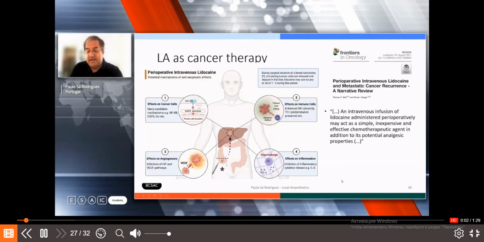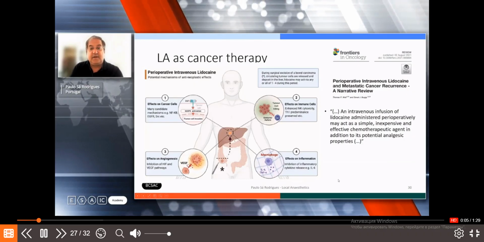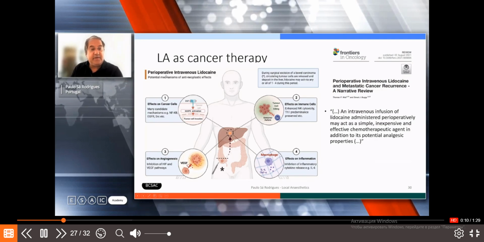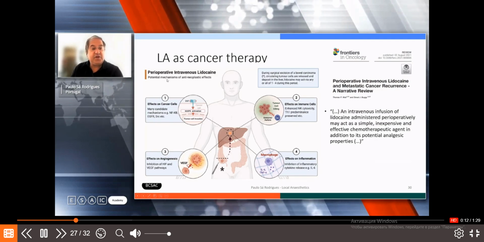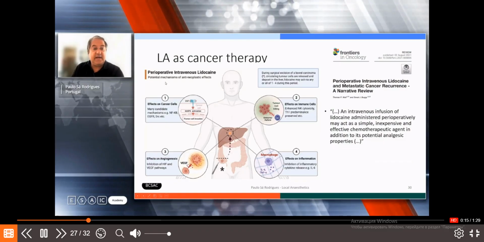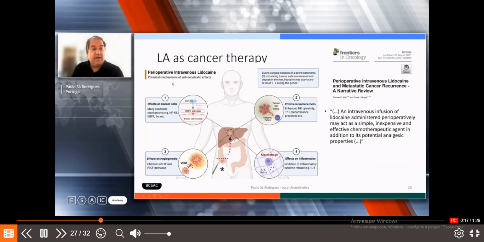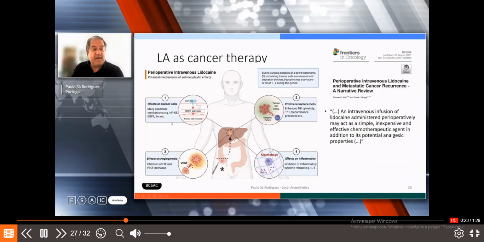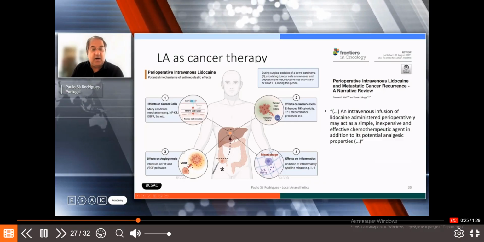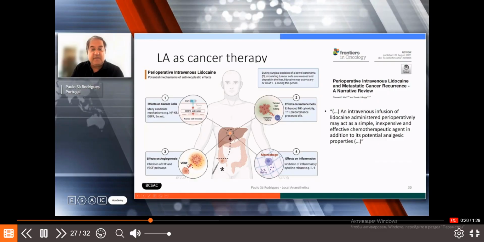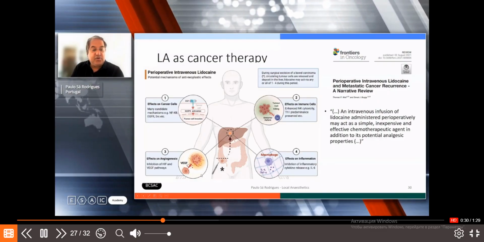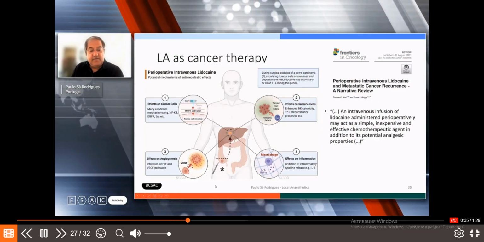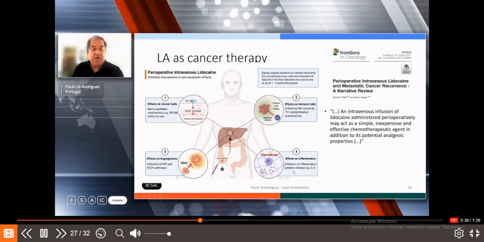And nowadays, it's thought that perioperative intravenous lidocaine may have potential mechanisms of anti-neoplastic effects: direct effects on cancer cells, also on immune cells, on angiogenesis by inhibition of several pathways, and also on inflammation.